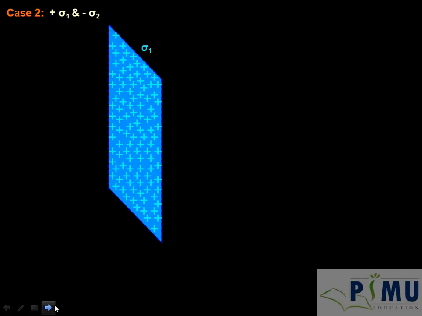Let us see to that. Two sheets are there. They are infinitely large, parallel, very thin plane sheets of charge, but one has positive charge density and the other has negative charge density.